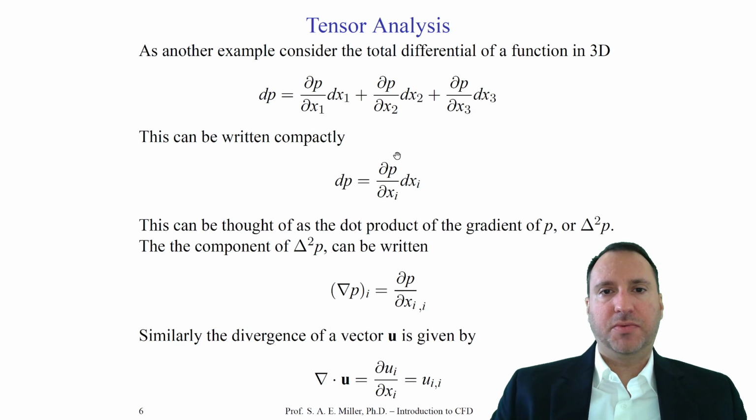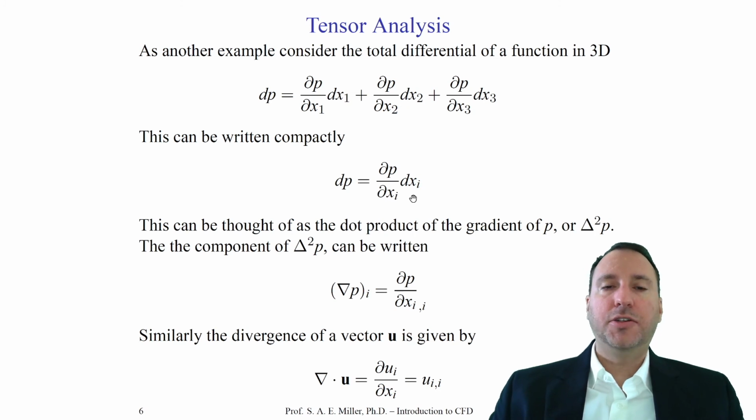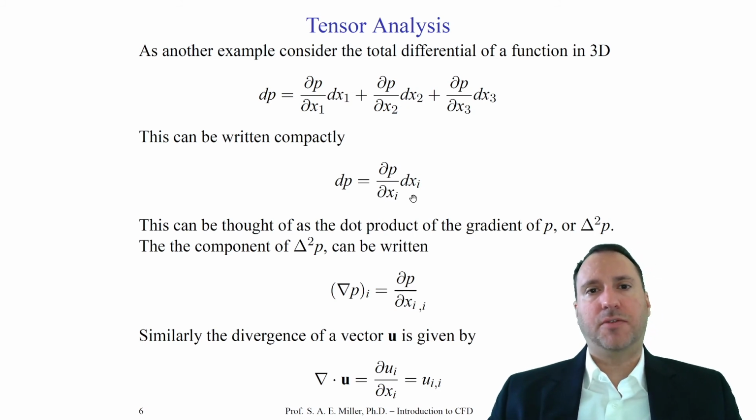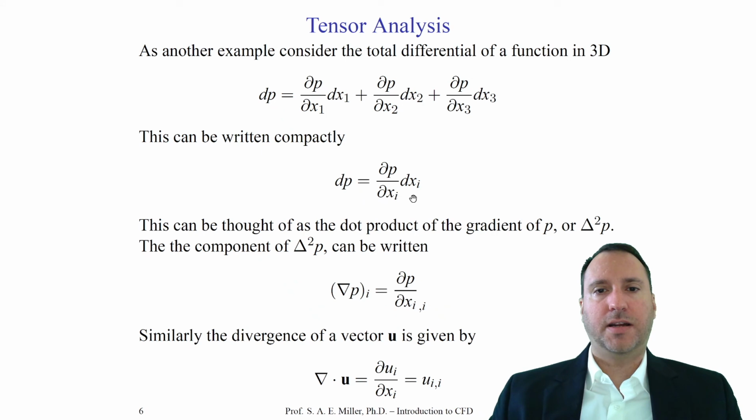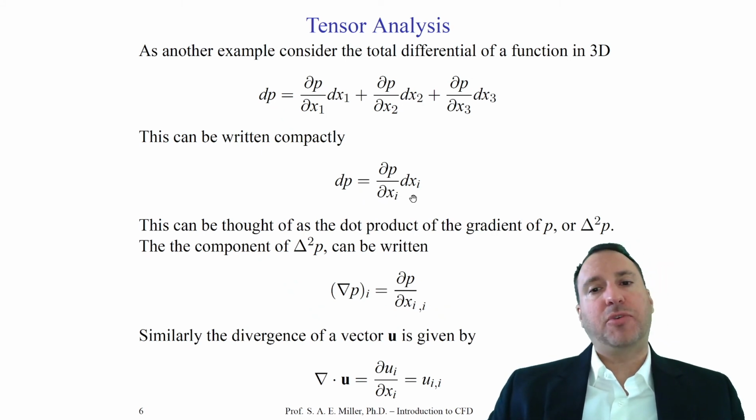What's the difference between the previous equation and the present one is the dummy index i, which we are summing over from 1 to 3. You should be able to expand this term out to the full form for any type of coordinate system. We might also look at this as the dot product of the gradient of p, or nabla p.